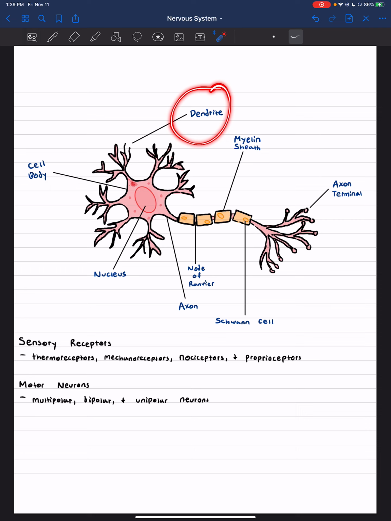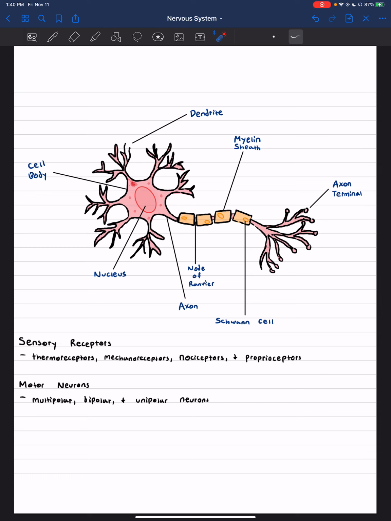We've got the dendrites, which serve to get information from external sources and transmit it down into the axon, where, in this case, since it's a myelinated neuron, the action potential and nerve impulse can propagate quicker through the nodes of Ranvier and finally enter your axon terminal, and it'll send information to the other neuron via the axon terminal, releasing neurotransmitters into the dendrite of another neuron.